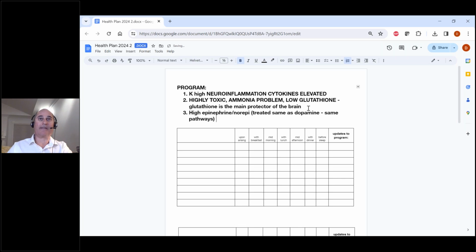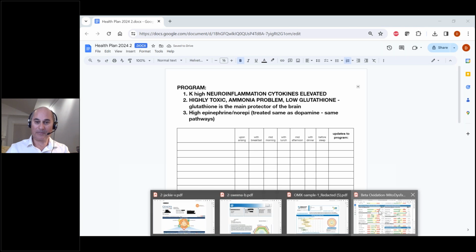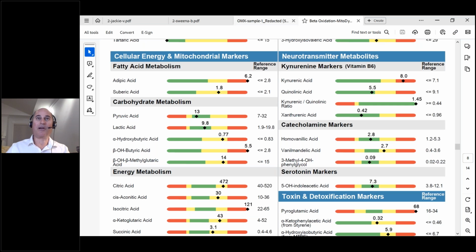So the treatment's identical. So let's just do a quick review about what we're talking about. So kynureninic acid is high. I mentioned briefly that should also elevate quinolinic, which it's not. That's kind of like a question mark. You should be suspicious of that because they should both be high together.